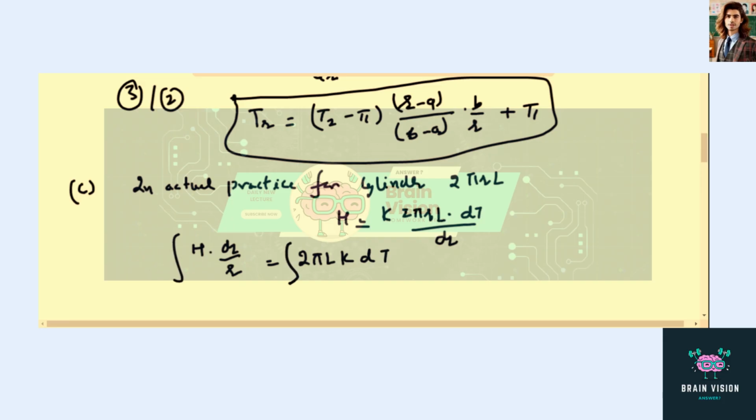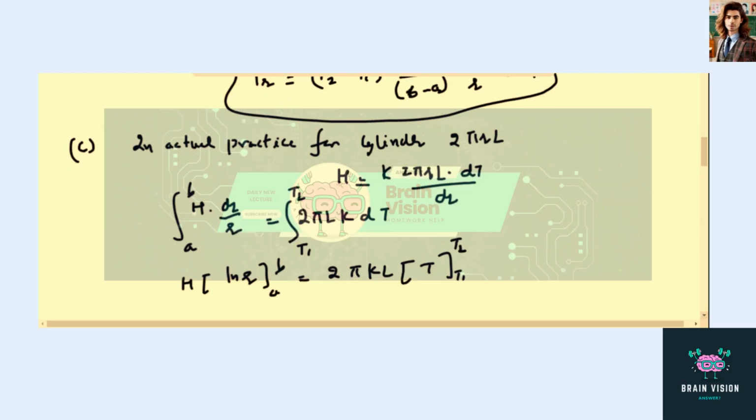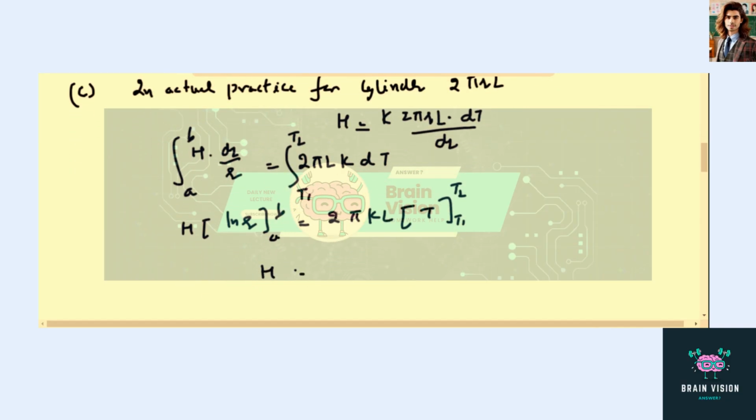Integrating for the limit T1 to T2 and a to b, you will get H into ln of b upon a is equal to 2 pi k l into T. So from here H you will get 2 pi k l T2 minus T1 upon ln of b upon a.